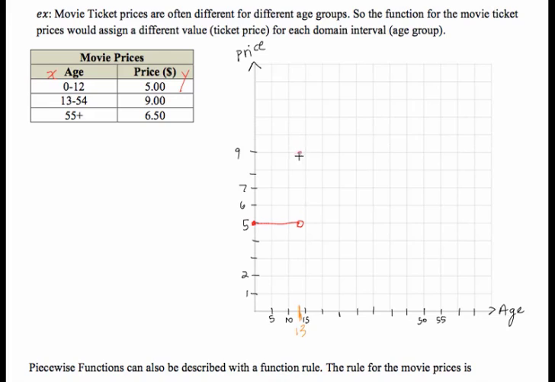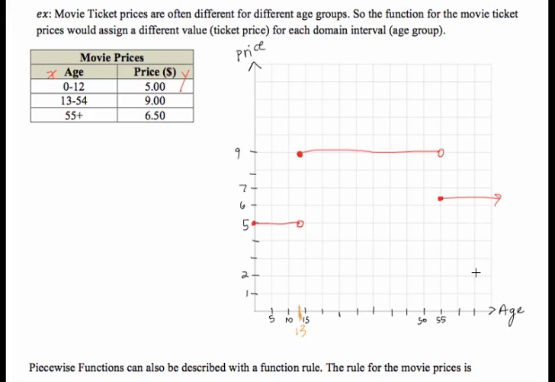But until the day before you're 13, you're still paying that $5. Then you pay $9 all the way until you're 54 years and 355 days old, which is right up to 55. And then at 55, it will jump down to $6.50. So you pay $9 if you're that age, and then the second you turn 55 and older, you pay $6.50 right there.